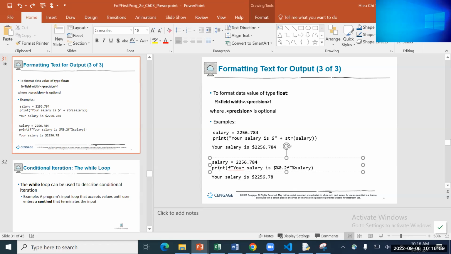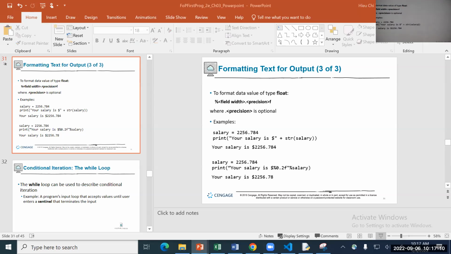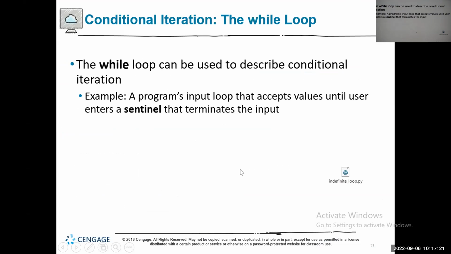So this way, if you want to format it to have only 2 digits after the decimal point, you have the 2 decimals here.